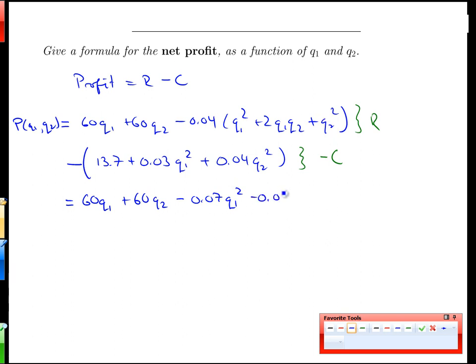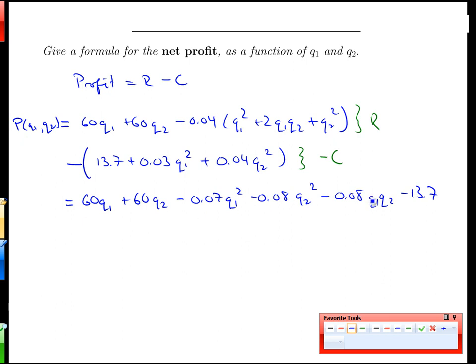We have 0.04 Q2 squared minus another 0.04 Q2 squared, so minus 0.08 Q2 squared. And last but not least, we still have a 0.08 Q1 Q2 term. And what haven't we got? Oh, 13.7, the fixed costs. That fixed cost shows up as a negative term in our profit statement, which makes sense.